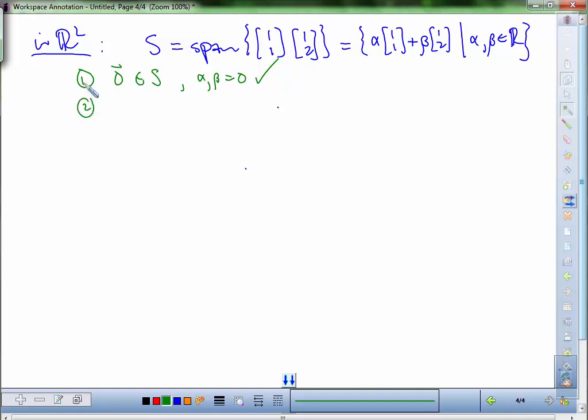Now, if I get two random vectors here, and by random I mean I'm going to have to randomize alpha and beta. So vector 1, I guess I call it U, equals alpha 1 times (1, 1) plus beta 1 times (1, 2).